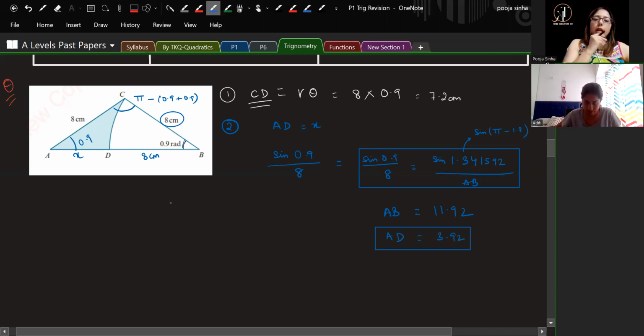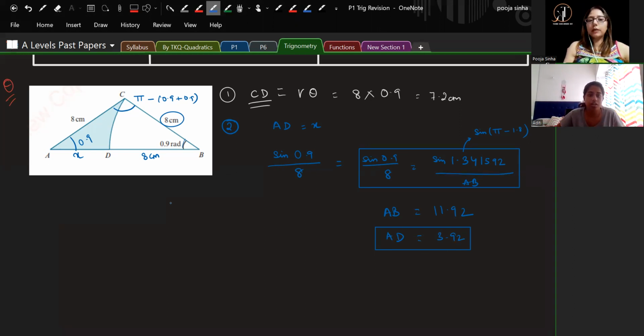Now I wanted to do the same question by the cosine rule once. Cosine rule, you remember?